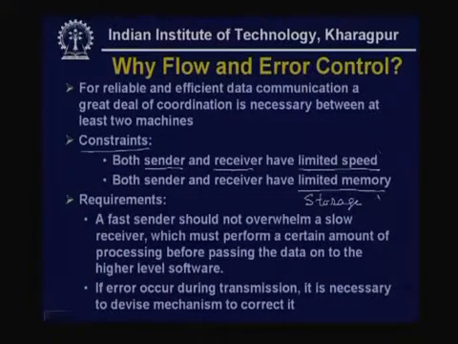So, under these constraints, the requirement is that a fast sender should not overwhelm a slow receiver, which must perform a certain amount of processing before passing the data onto the higher level software. That means after the data is received, the receiver has to do some processing before it can pass it on to the next higher level software or store it in the permanent memory.